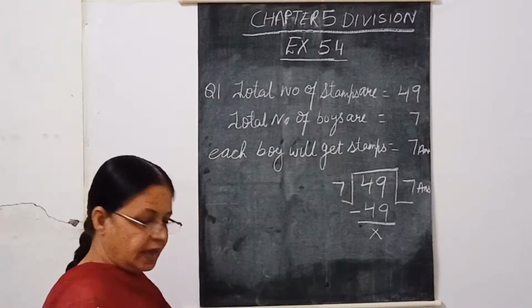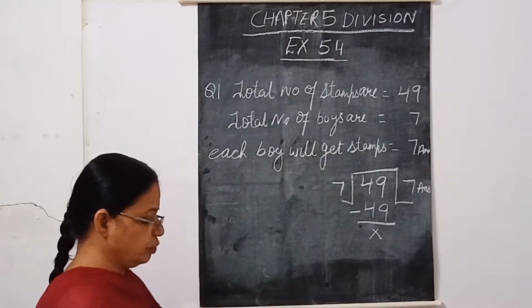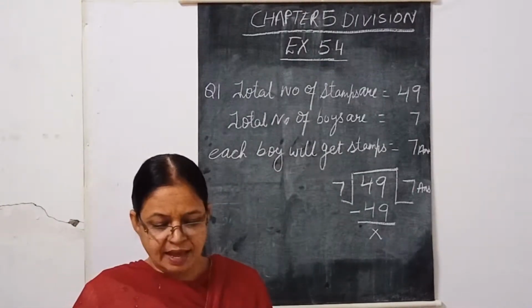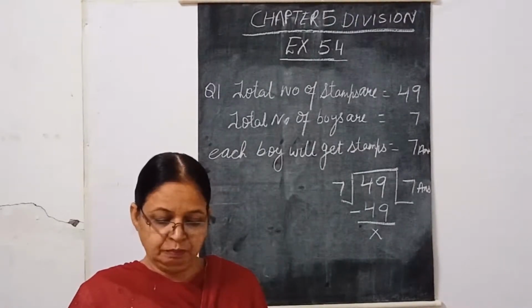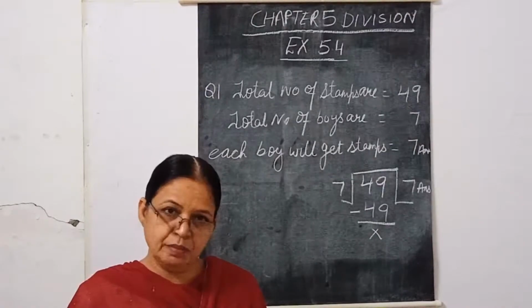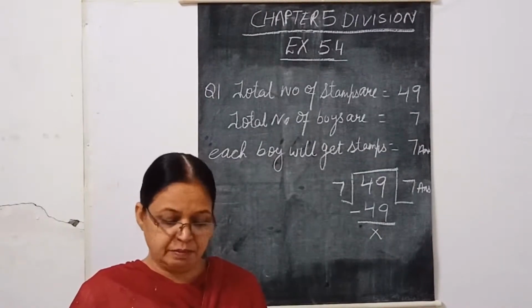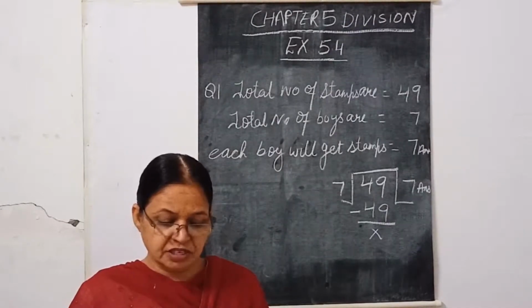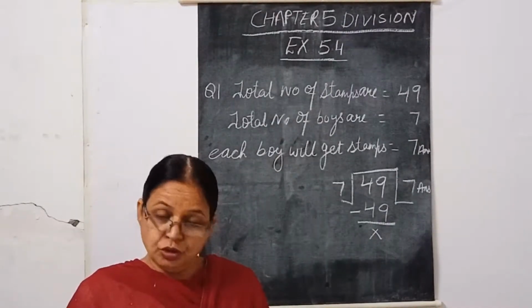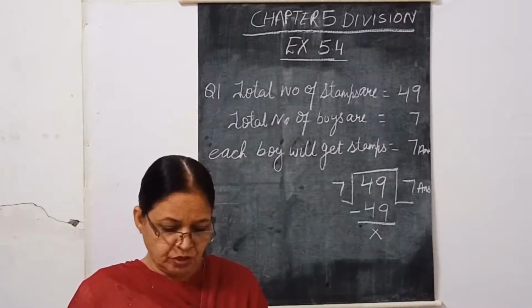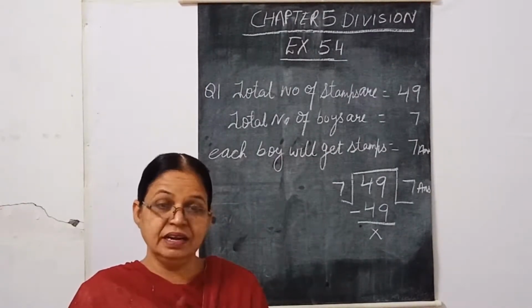Now one more sum I will make you understand, that is question number 2. See, 6 boxes have 66 marbles in all. There are 6 boxes, and in those 6 boxes there are 66 marbles. If there is an equal number of marbles in all the boxes, then how many marbles are there in each box?